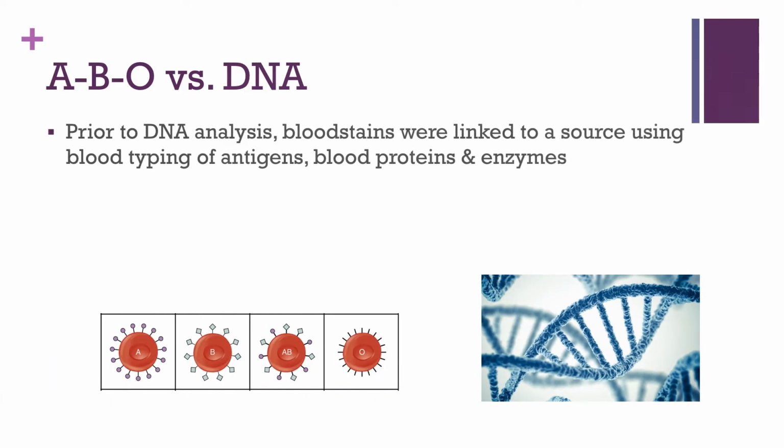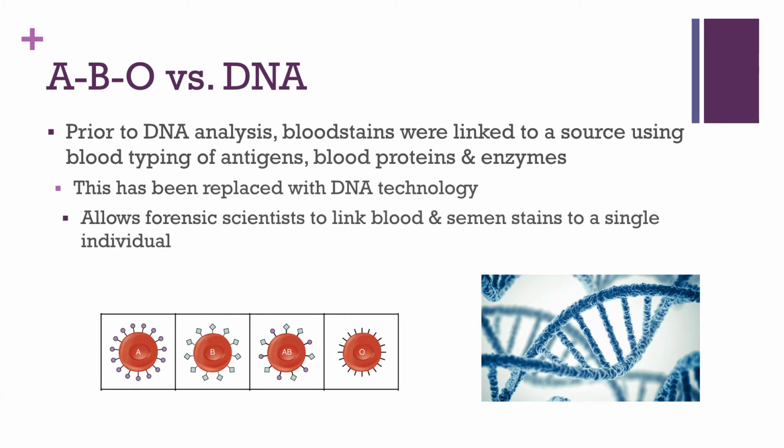So the ABO versus the DNA, when it comes to identifying an individual, has become much more advanced with the DNA. A, B, and O typing is still very important, and prior to any sort of DNA analysis, blood stains were linked to a source using the antigens, blood proteins, and enzymes for the ABO typing.